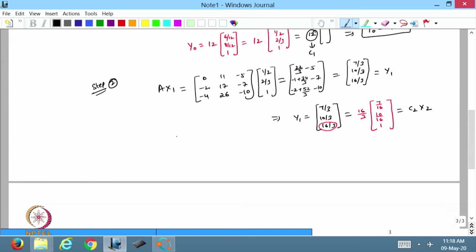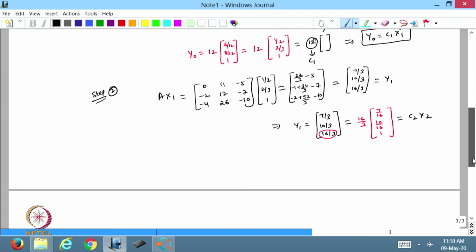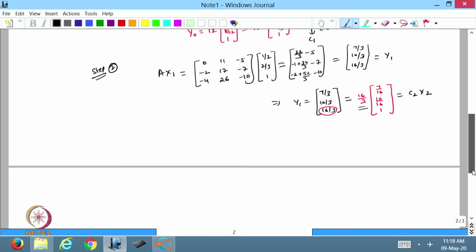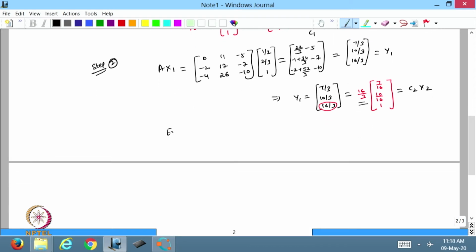I want to find that in the previous one you can see that my C1 was 12 and now the C2 is 16 by 3. So, how will we find the error? So, error at each step, because we have to find the error at each step. So, what I will do is I can find the error in two ways.